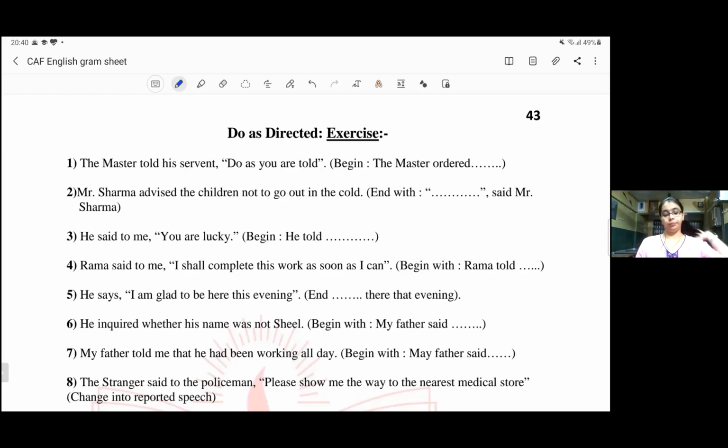Okay. First sentence. What is the question? The master told his servant, do as you are told. Now, here I have already given you the master ordered. We have to convert it.